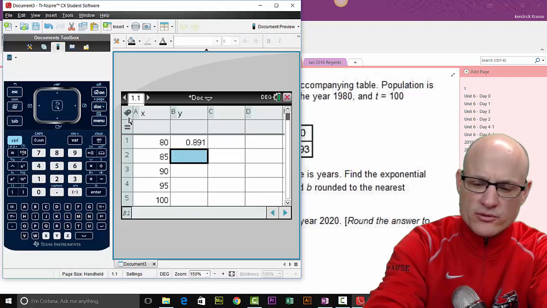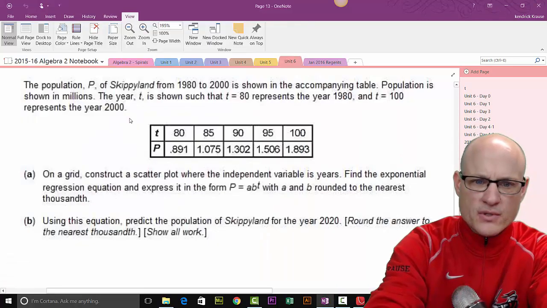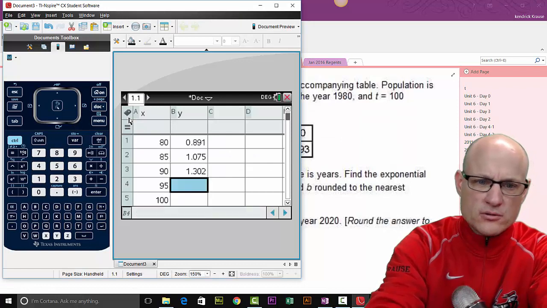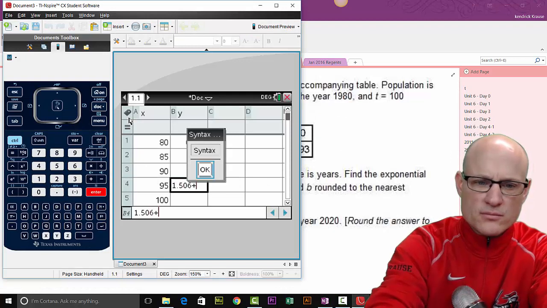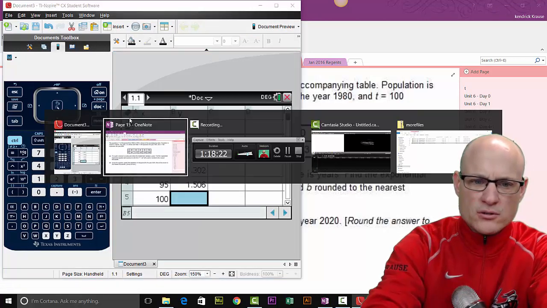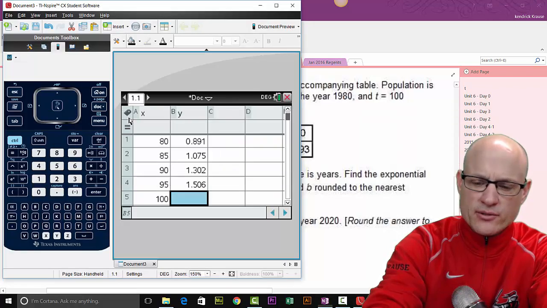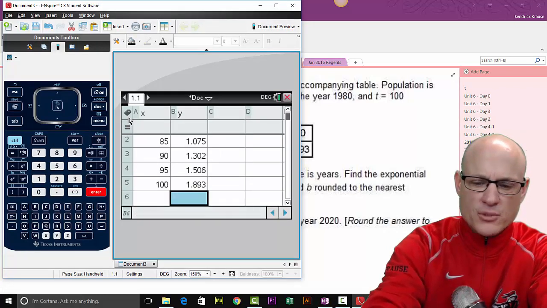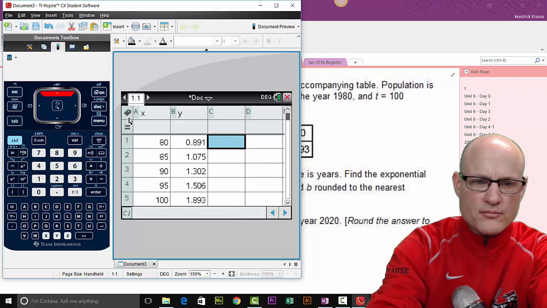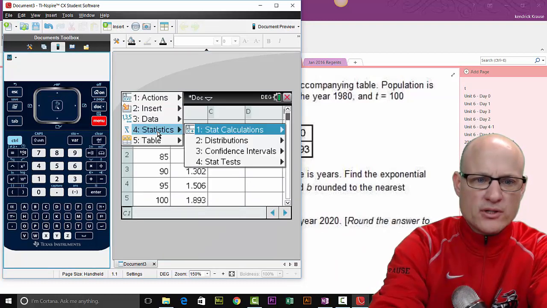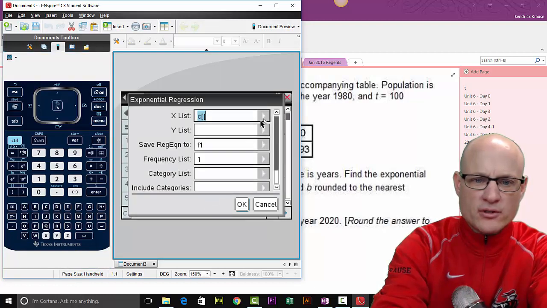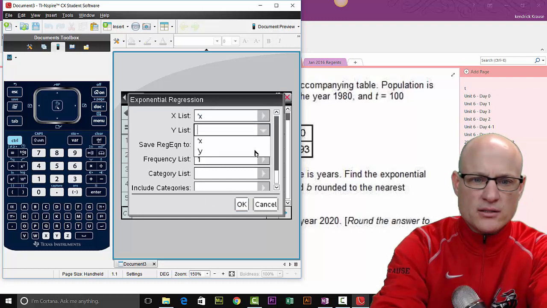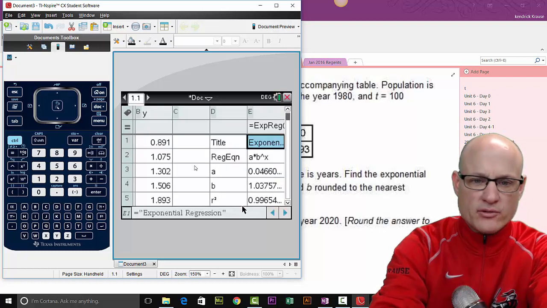Then 0.891, 1.07, 1.302, 1.5, and 1.893. Menu, stats, stat calculations. We're doing exponential regression. We call it X. We call it Y. I'm just going to give you the answer this time so we can do this quickly.